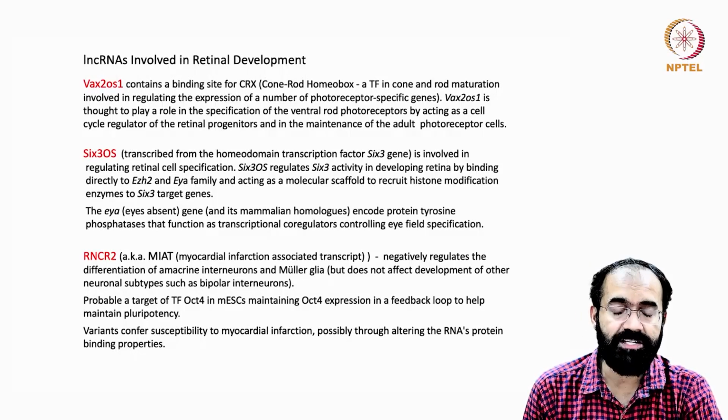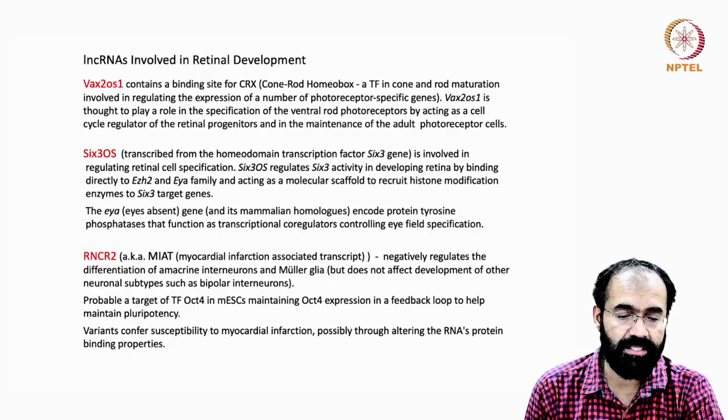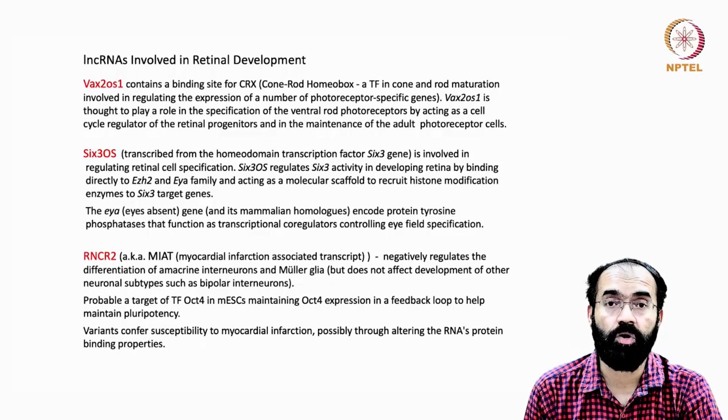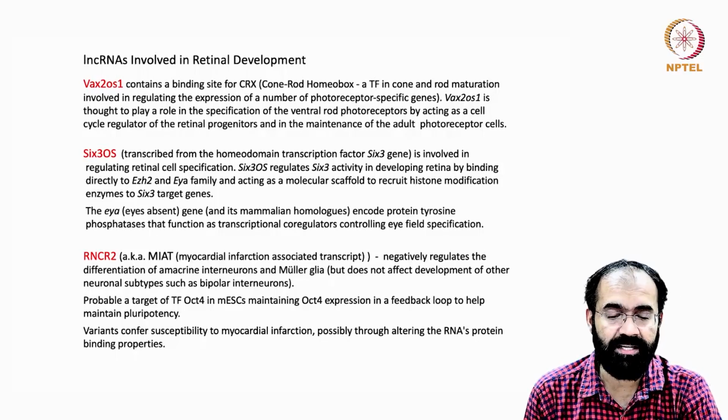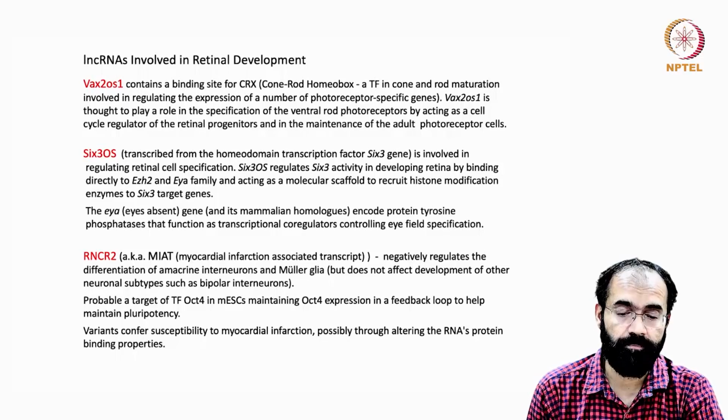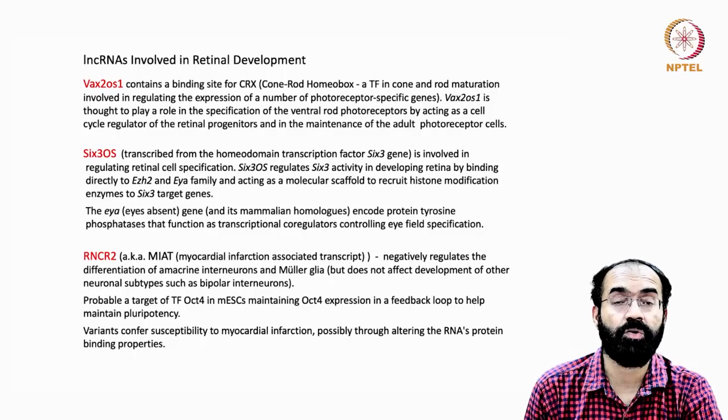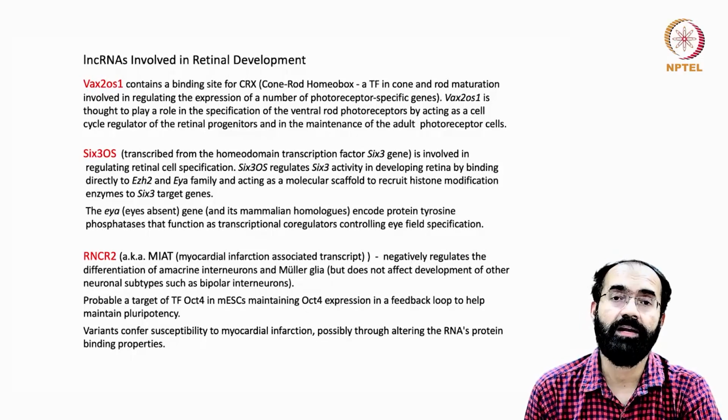So it can negatively regulate the differentiation of the amacrine interneurons and the Muller glia. But it will not cause any problem to other neuronal subtypes such as bipolar interneuron.